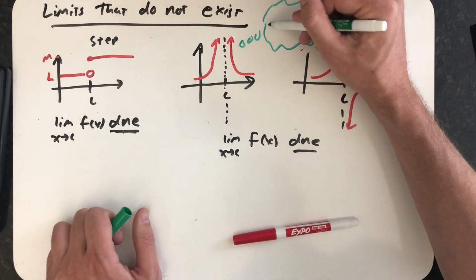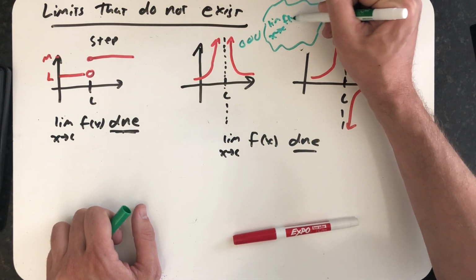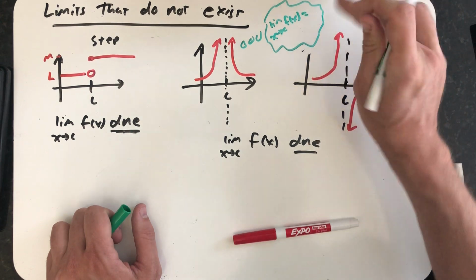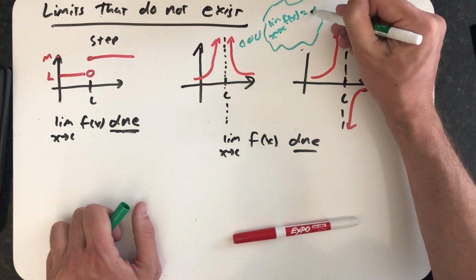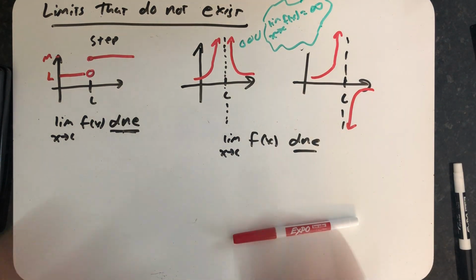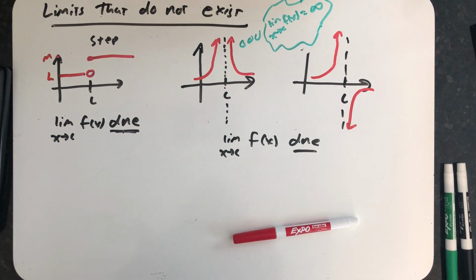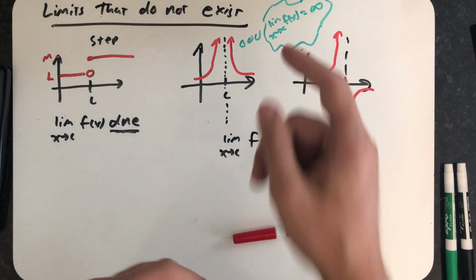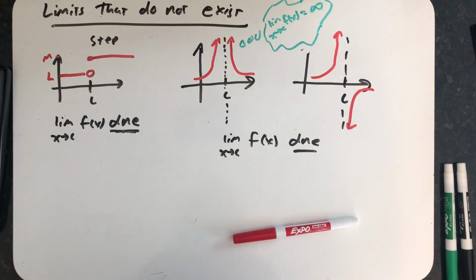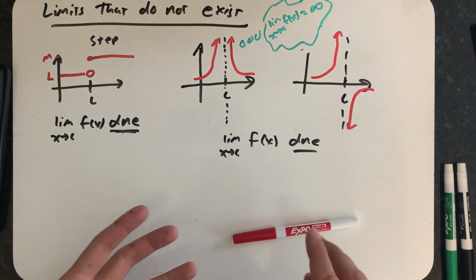That they have seen someone write the limit as x approaches c of f of x equals infinity. Well, if you were thinking that, you have actually seen that. This is something we will actually write in this course later on. But it's not a claim that this limit exists. It is actually notation for a special kind of does not exist, that on both sides I'm growing without bound.